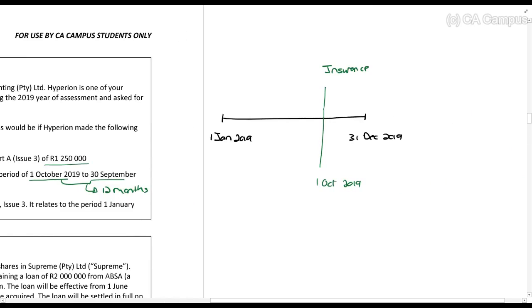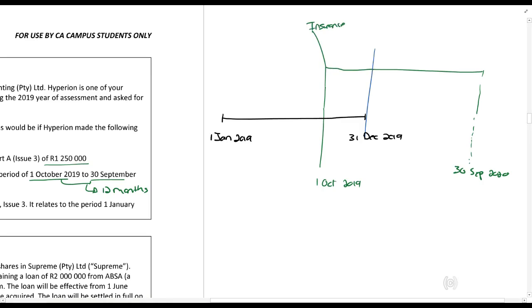Important here, our tax year ends at 31 December. So for this period, October to December, 3 months is in the current year and 9 months is prepaid.